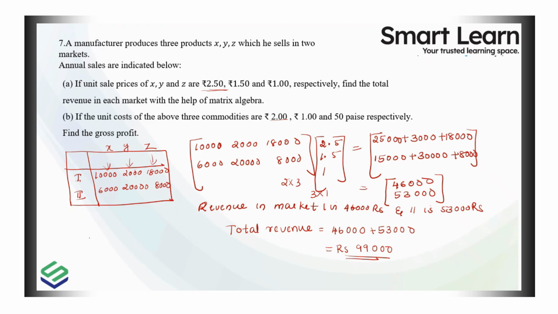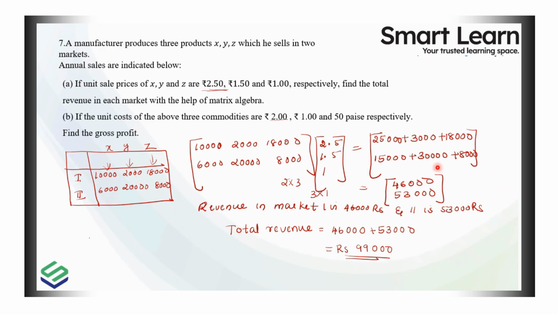Then this question, this is a word problem. Here a manufacturer produces X, Y, Z and the table is given. Unit price is given 2.5, 1.5, 1 respectively. Find the total revenue. Total revenue means you have to multiply, right? Individually, 1000 into 2.5. So first you will represent this as a matrix. Okay, you can see this is a matrix. Then this you will write as a column.